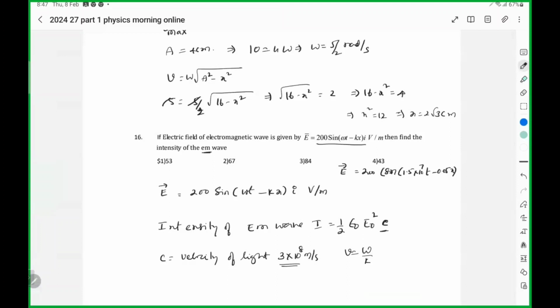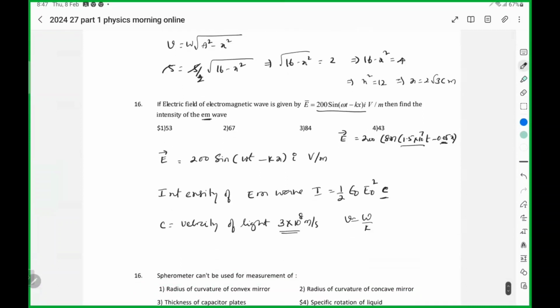Here, the question must be 200 sine of omega t and k x. Omega here is the given value, and k value is 0.05. That is 0.3 times, right, 30 times, that is 3. Luckily, we got the velocity of light. Sometimes it may differ if the medium differs. So intensity is half epsilon naught, 8.85 into 10 power minus 12, times the amplitude of the electric field, 200 squared, times 3 into 10 power 8.